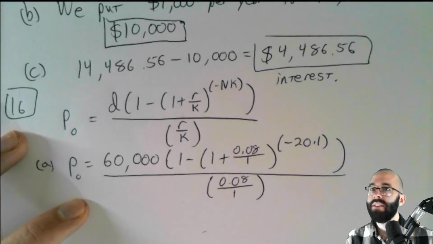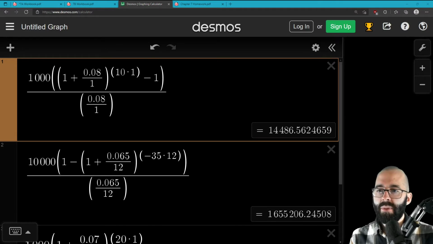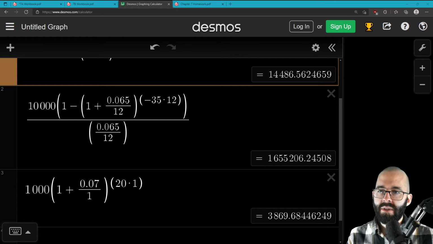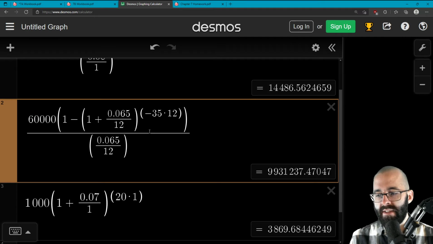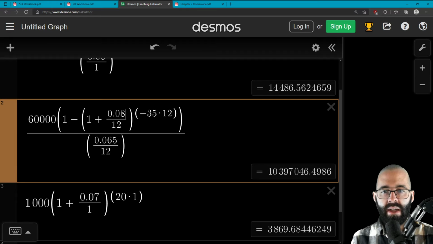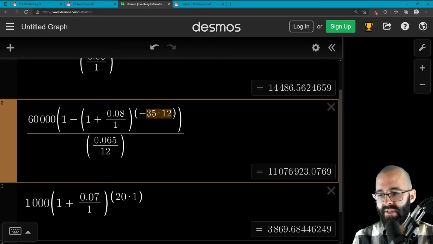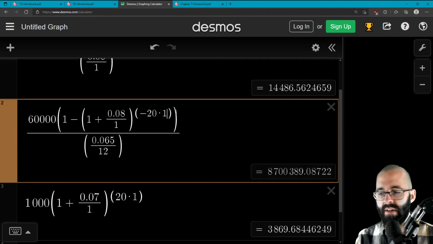So you have to type all of this into Desmos or your own calculator or whatever you want. And remember that box number 2, that was our payout annuities formula. So we can just edit this box if we want to save a little time. This is now 60,000. This is now 0.08. This is now 1. This is now 20 and 1.